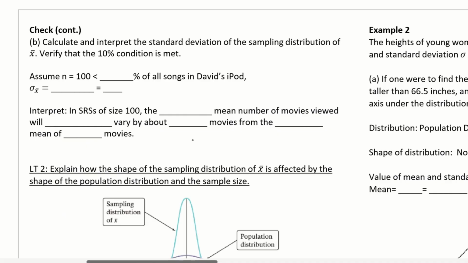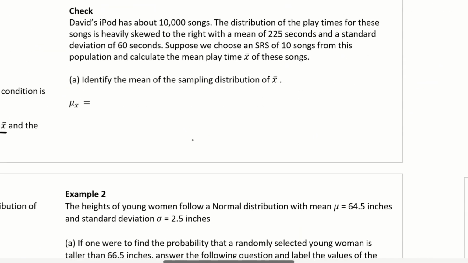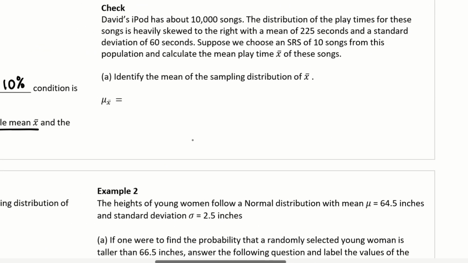All right, so let's look at the problems here. David's iPod has about 10,000 songs. The distribution of the playtimes for these songs is heavily skewed to the right, with a mean of 225 seconds. Now he's got 10,000 songs here, so that's interesting enough. He's got a standard deviation of 60. Suppose we choose a simple random sample of 10 songs from the population and calculate the mean playtime.